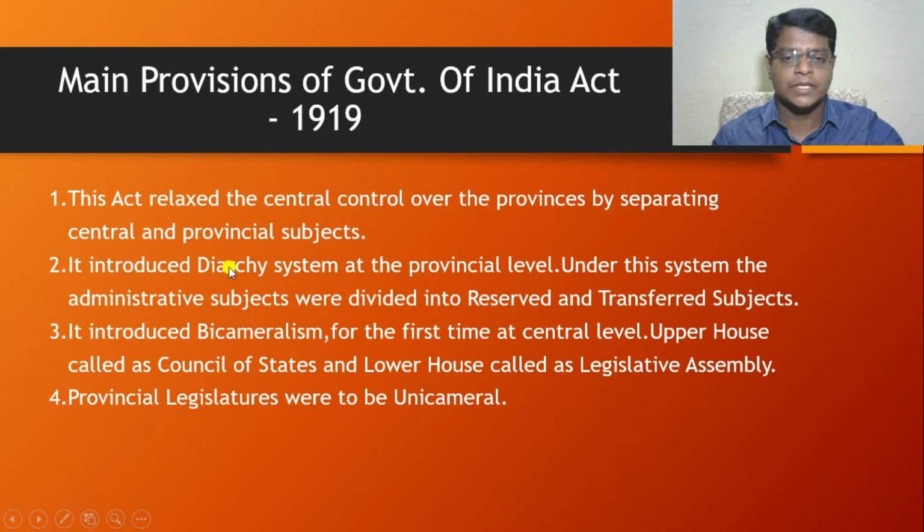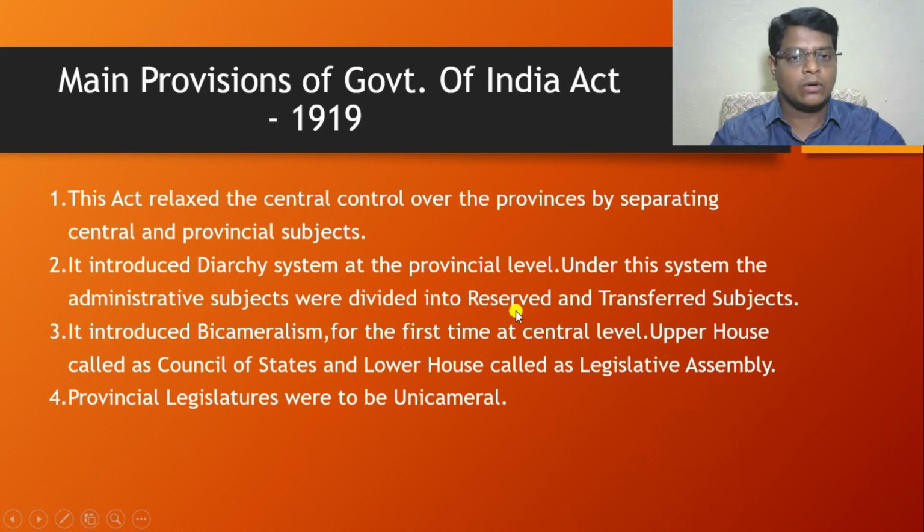The provincial subjects were again classified into reserved and transferred subjects. The reserved subjects, which are the important ministries like finance, irrigation and health, more powerful and income oriented but less responsible, were enjoyed by the Governor General and his council.